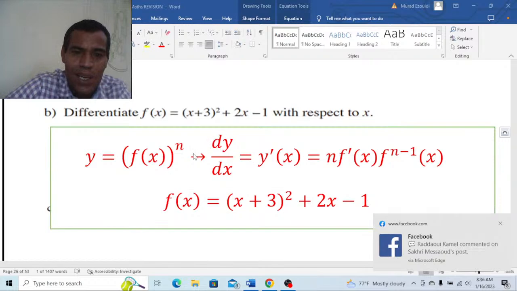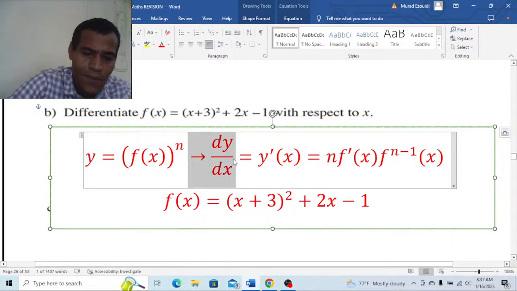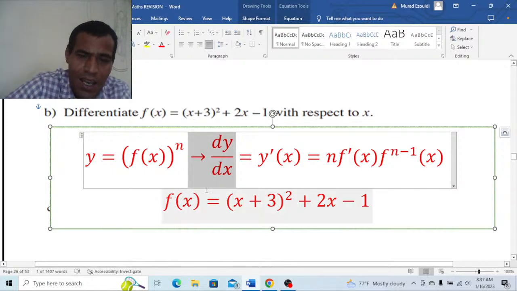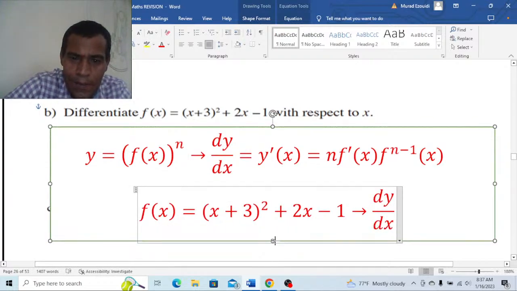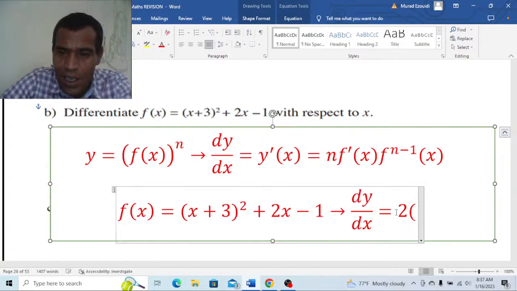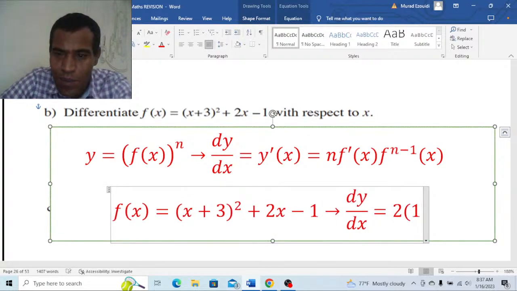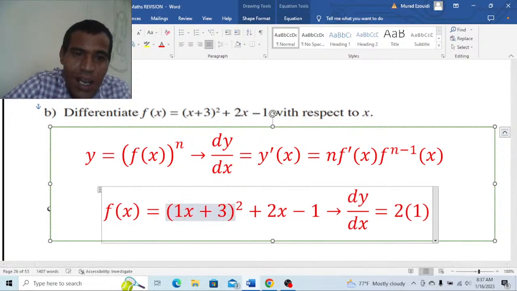Therefore, dy with respect to x is equal to 2 times 1, simply because the first derivative of x plus 3 is 1, although a 1 is not written. I will color this one so you can see it.